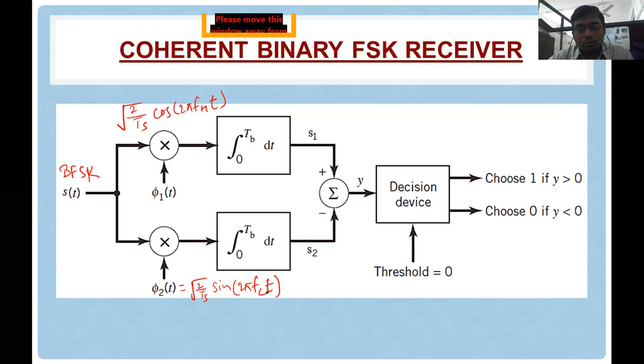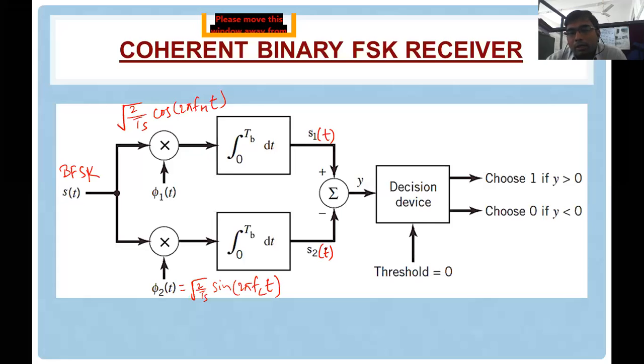These two carrier signals are multiplied with the received BFSK signal, and further passed through the integrator. Whatever the outputs of the integrators, S1(t) and S2(t), are fed to the adder, where addition and subtraction are performed on this particular mixer.